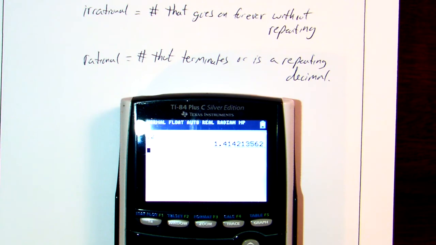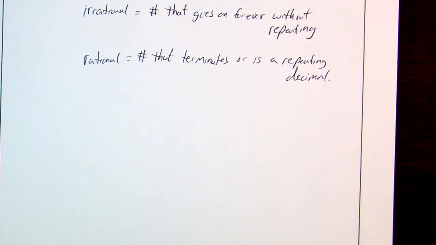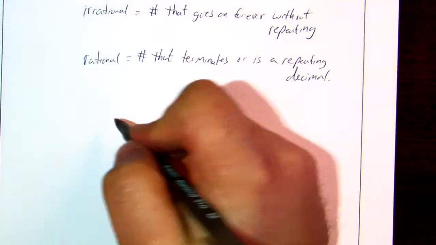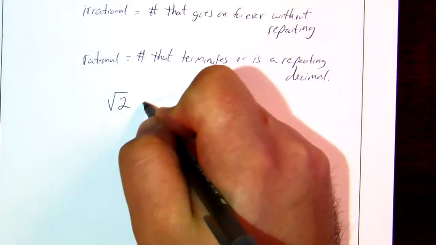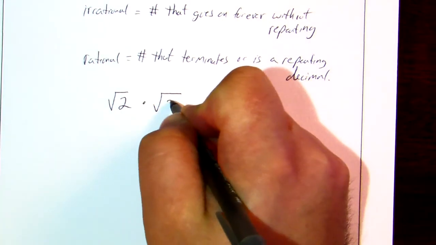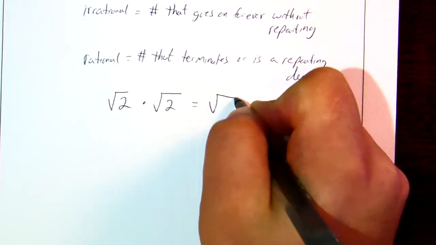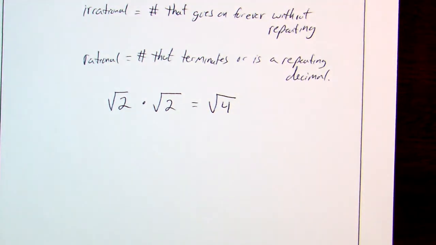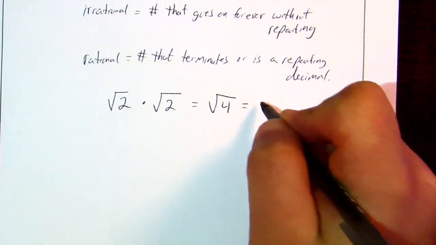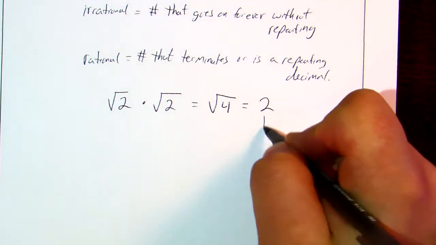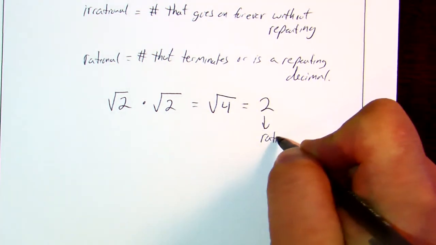It goes on forever without repeating. Okay, so if we took the square root of 2, which is irrational, and multiply it by the square root of 2, you get the square root of 4. The square root of 4 is exactly plus or minus 2, and that is a rational number.